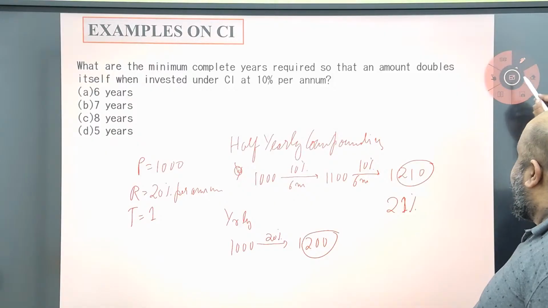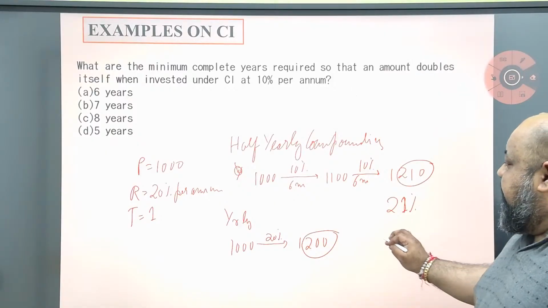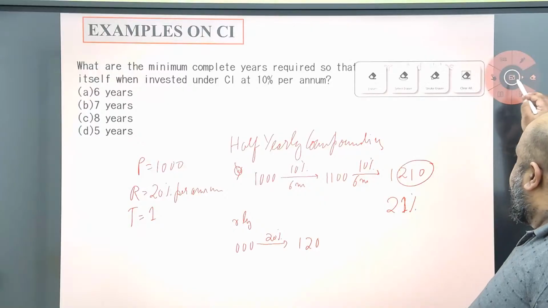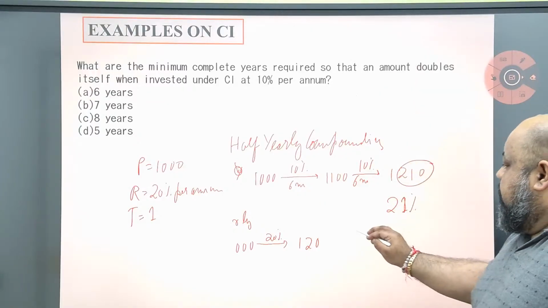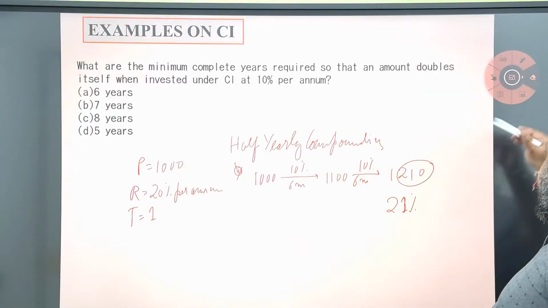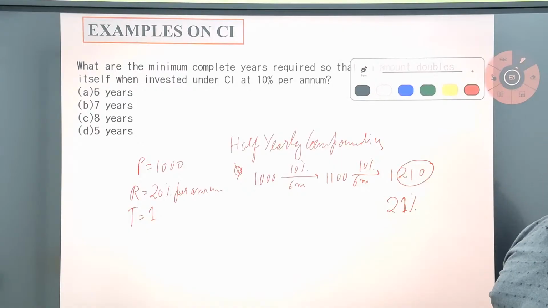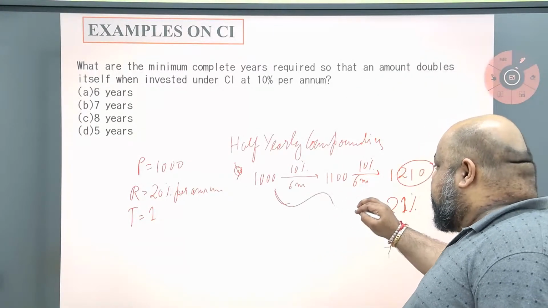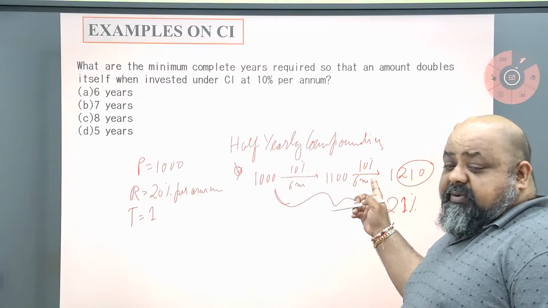Two things here. Number one, if I want to calculate the effective rate, you will realize that this is nothing but successive percentage change. One value increasing twice.